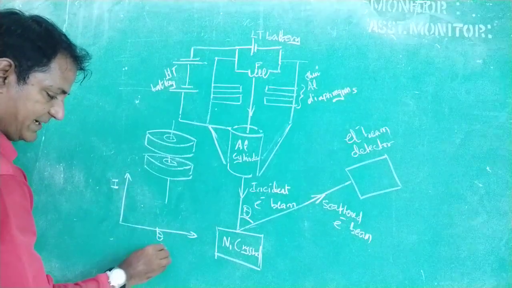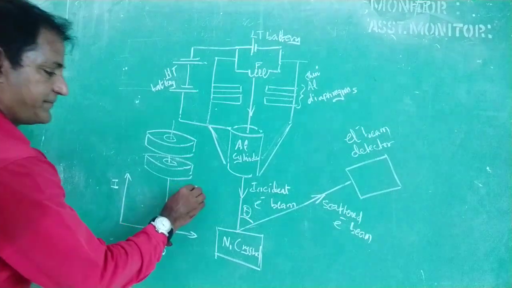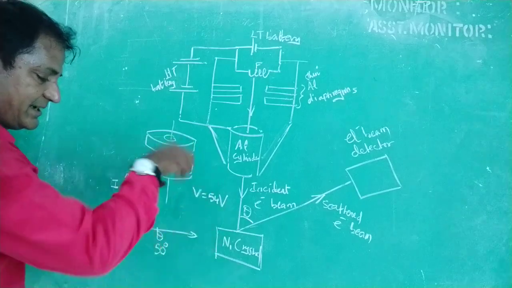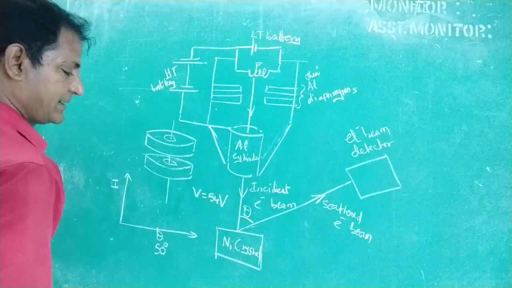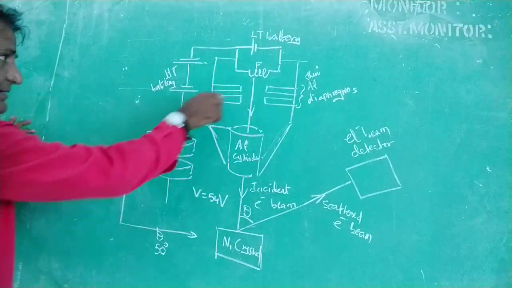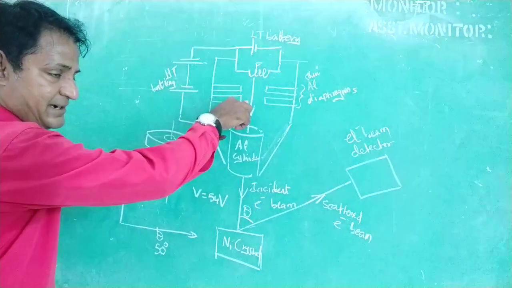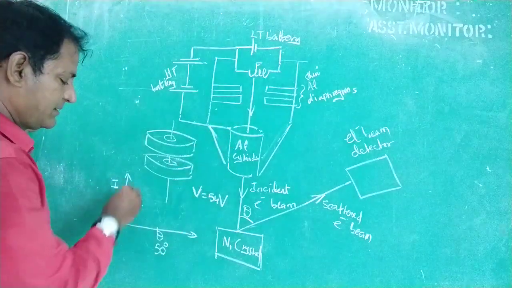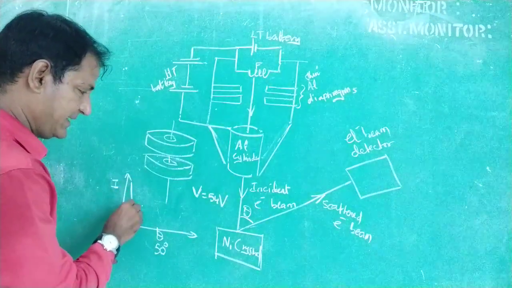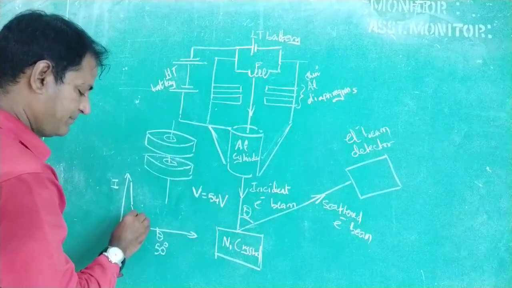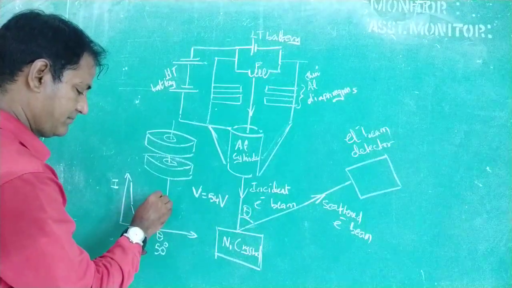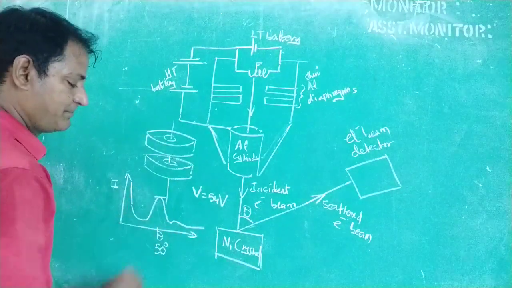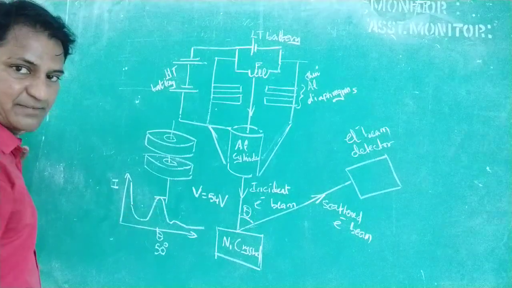If an accelerating voltage of 54 volt is given to the electron beam, then at an angle of 50 degree, the intensity of the electron beam reaches a maximum value.